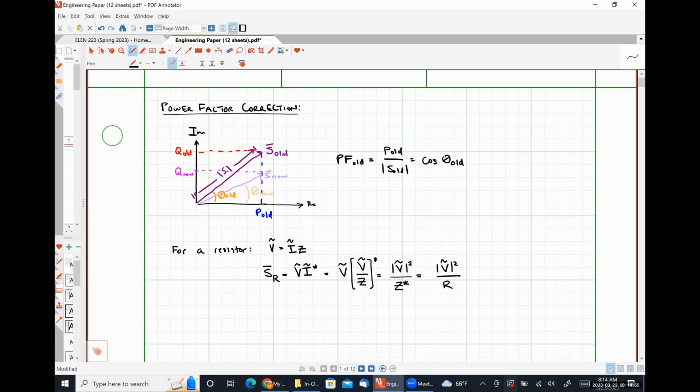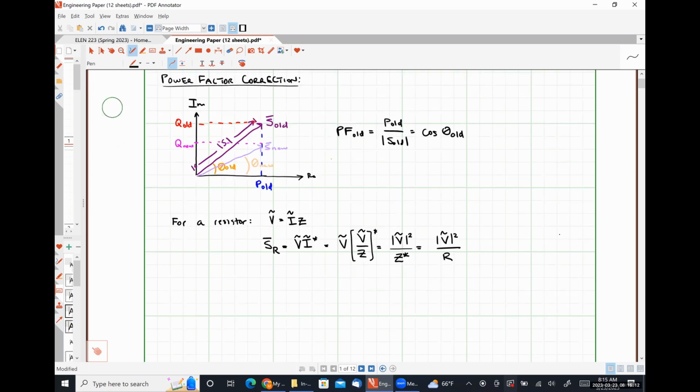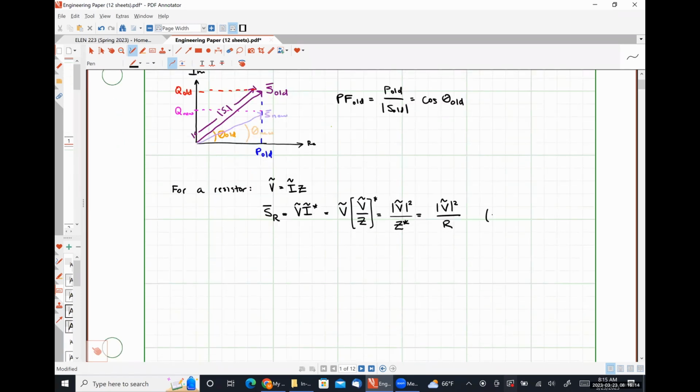So since it's a real number, it's not going to have any influence whatsoever on the reactive power, right? It's only going to have an influence on the average power. So putting resistance in our circuit isn't the answer. Here's what it looks like for a resistor.